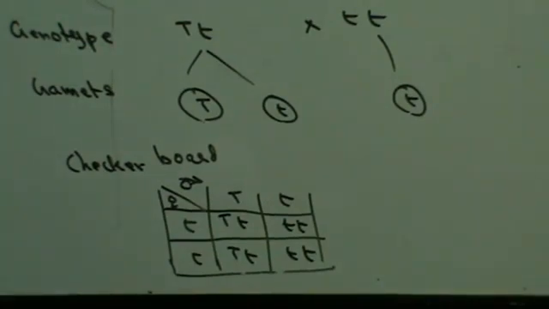So in this case, the progeny of the test cross shows both dominant as well as recessive characters in the ratio of 1:1. So you will come to know whether the individual is homozygous or heterozygous on the basis of this.